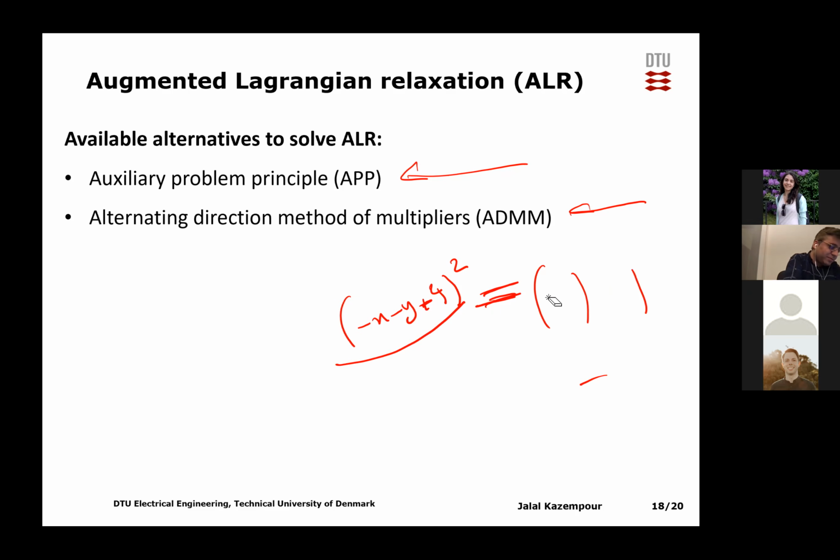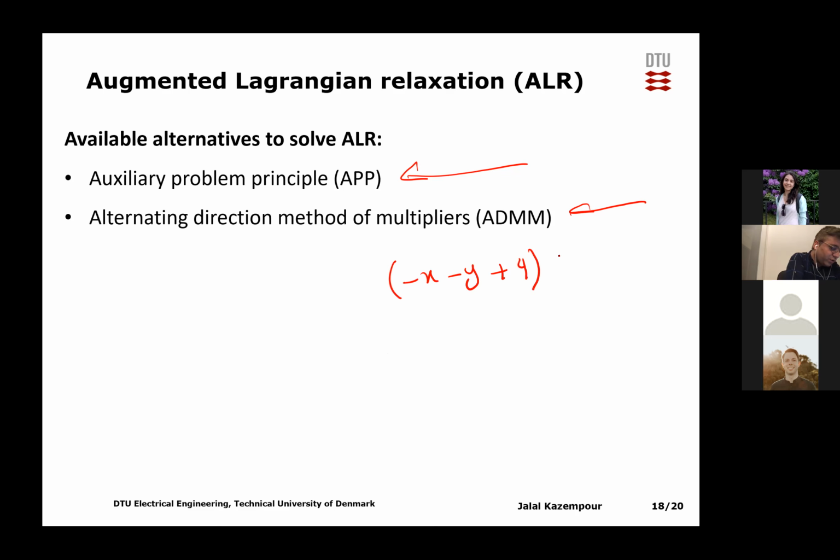But ADMM is a much simpler technique. So we have this term, minus x minus y plus 4, squared, in each iteration. Do you know what ADMM says? Any idea? ADMM comes with this term, alternating.